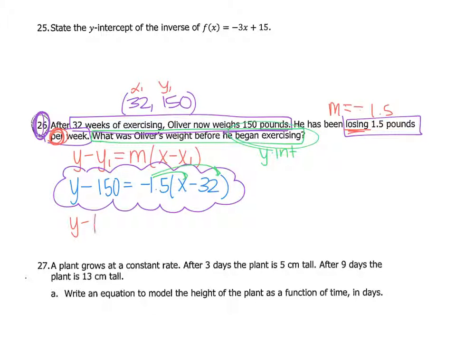So we have y minus 150 equals negative 1.5x. Then I'm typing in negative 1.5 times negative 32. And we should get positive 48. Bring that 150 to the other side.